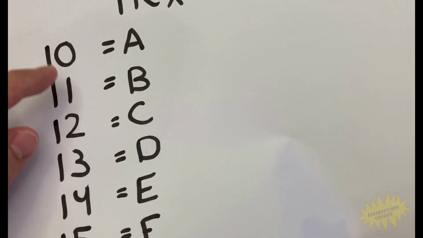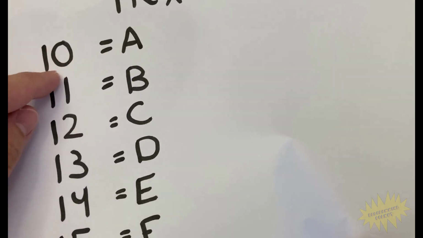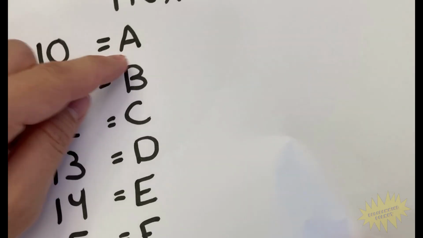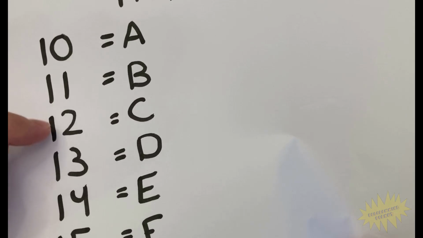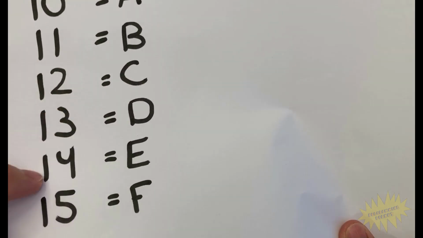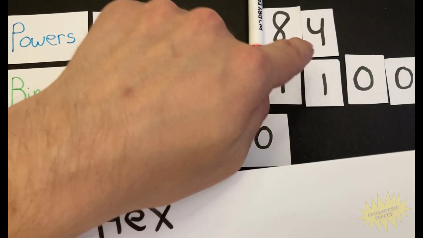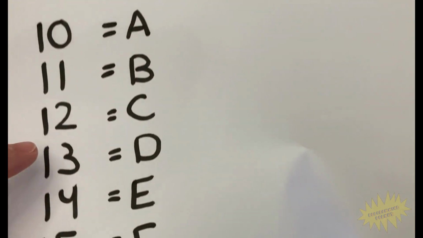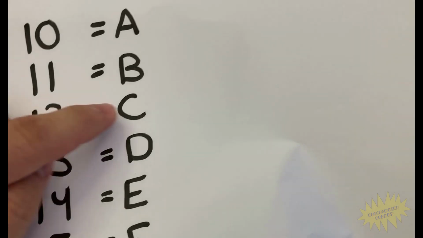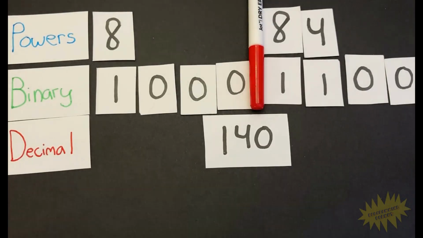So for example, if you're going to use 10, then you use the letter A. If it's 11, then it's B. 12 is C, 13 is D, 14 is E, and 15 is F. So because 4 plus 8 equals 12, we don't just write down 12, we actually use the letter C, okay?